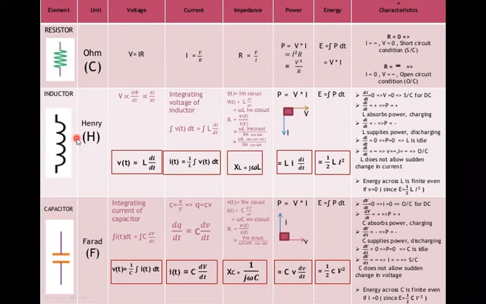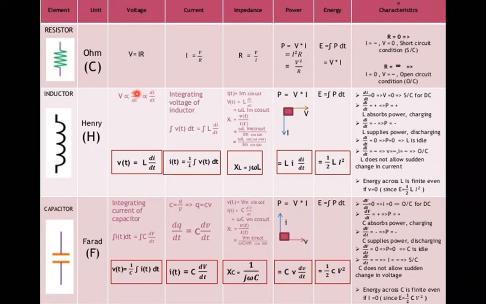Next, if we consider an inductor, the unit for the inductor is Henry. Here voltage is proportional to d phi by dt, where phi is the magnetic flux.